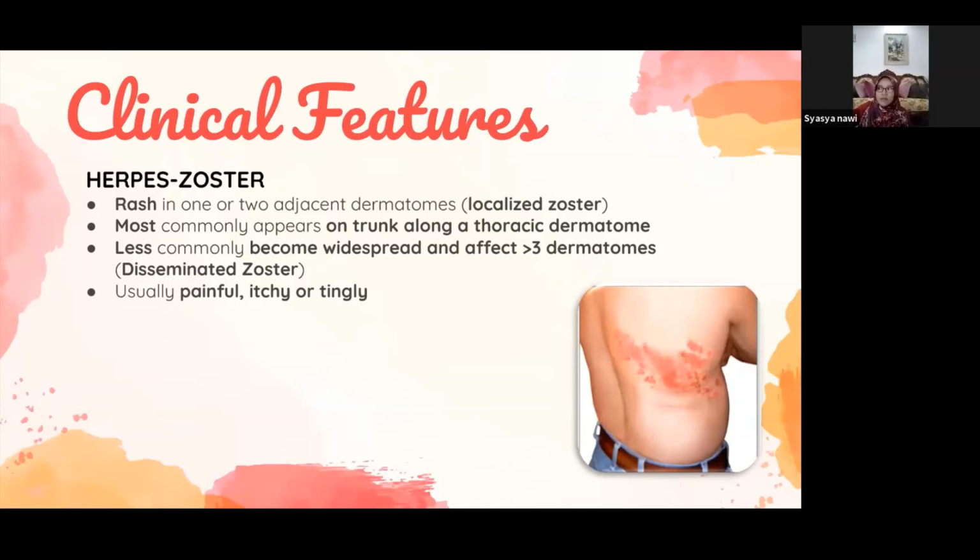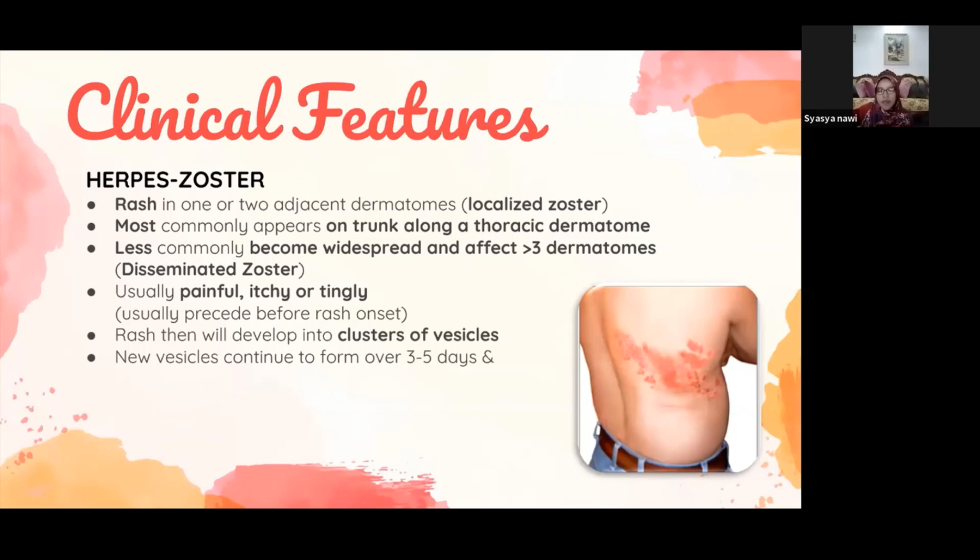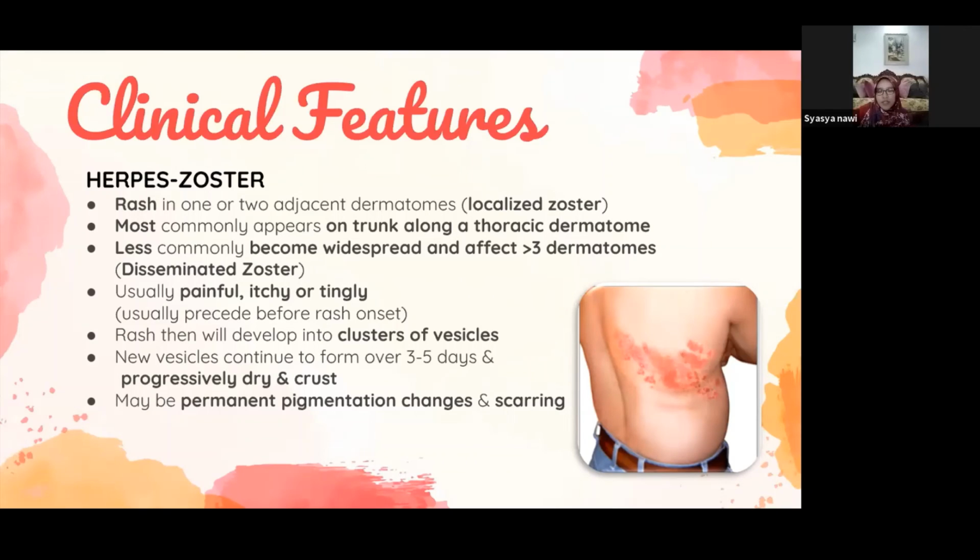Usually pain, itching, or tingling will precede the rash onset. The rash will then develop into a cluster of vesicles, and new vesicles will continue to form over 3 to 5 days and progressively dry and crust. It can have permanent pigmentation changes and scarring at the end of the day. Okay, next.